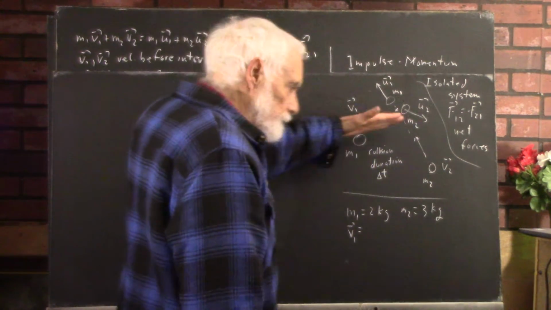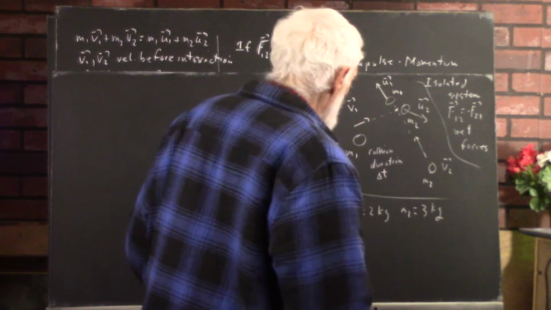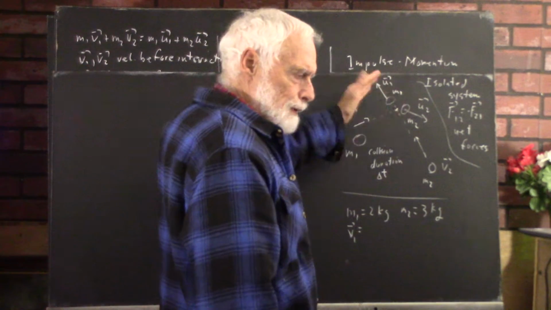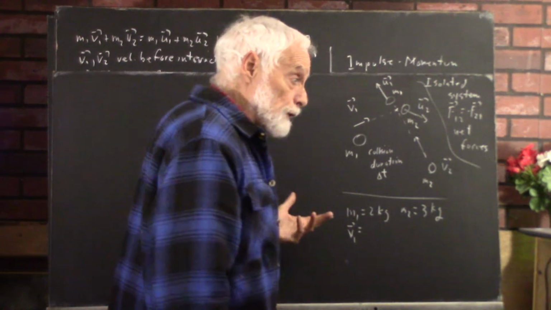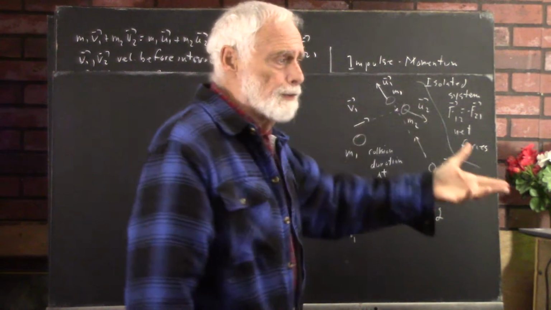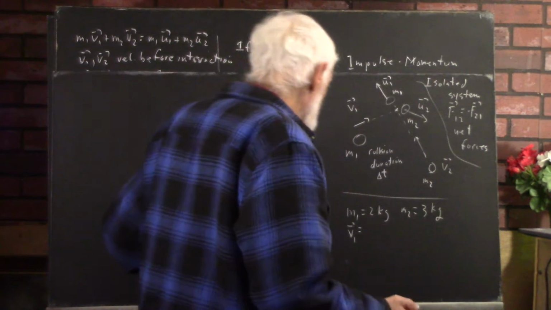I'm going to say that v1 now has an angle, so it's going to have an i and a j component. I could give it to you as a speed and an angle with some axis, and then you'd have to use a sine and cosine to find the components, but I'm going to assume everybody knows how to do this at this point.